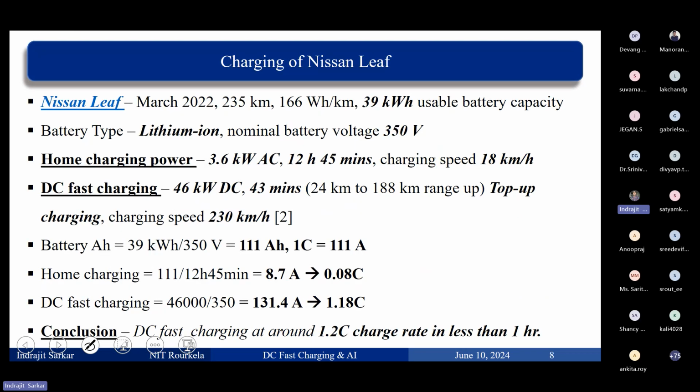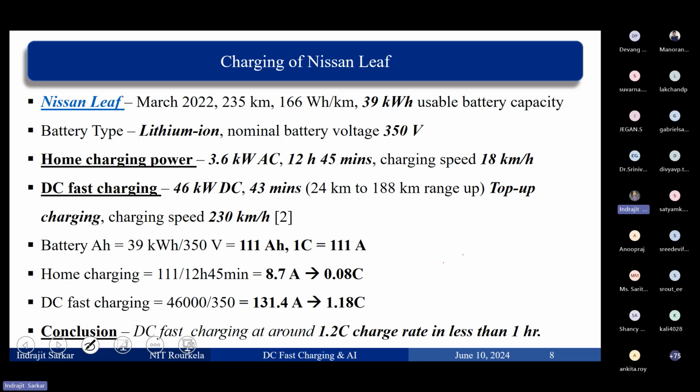Now let's talk about what DC fast charging is and how it looks in a commercial vehicle that is available in daily life. So Nissan Leaf is a car which is very popular in USA. I have taken this data from March 2022. Its range is 235 kilometer, and 166 watt hour per kilometer is used.